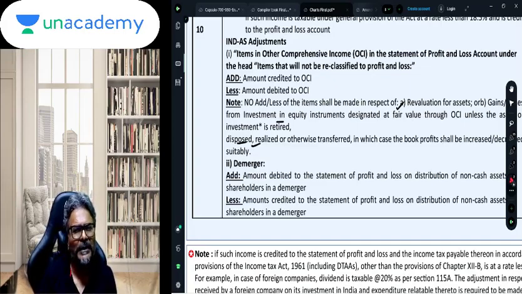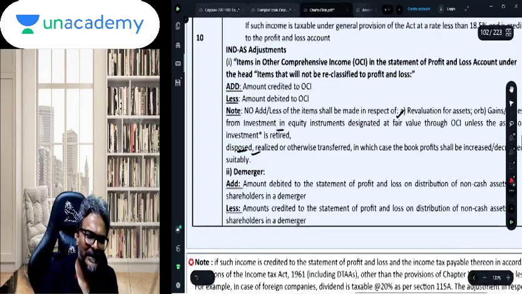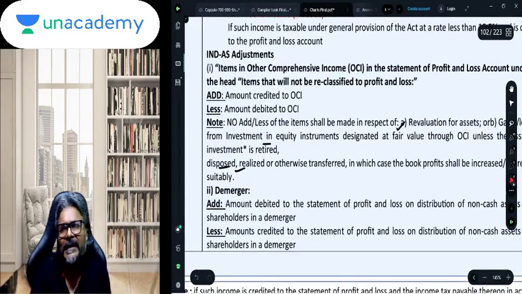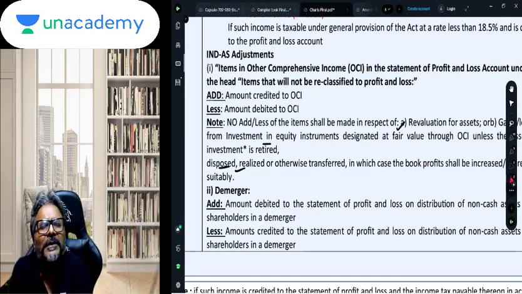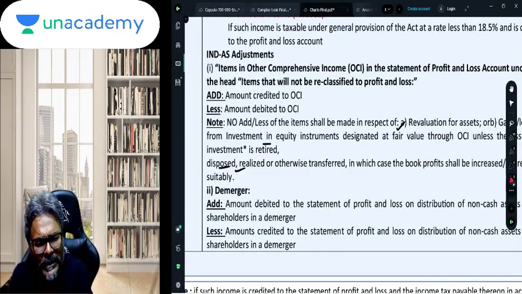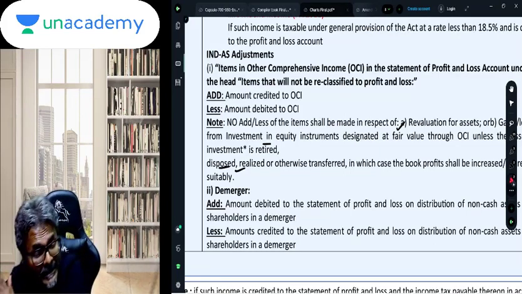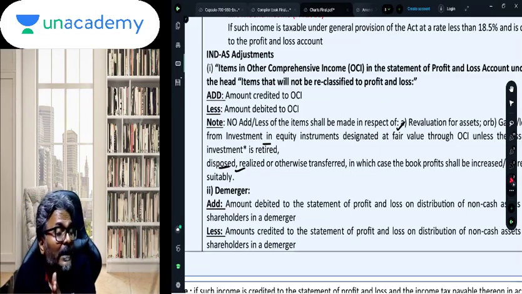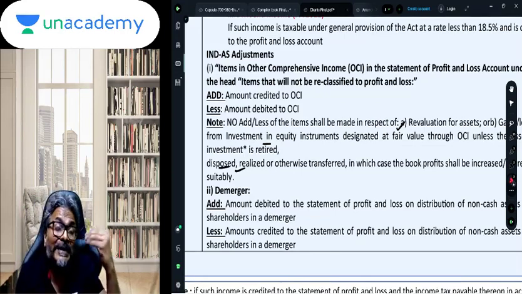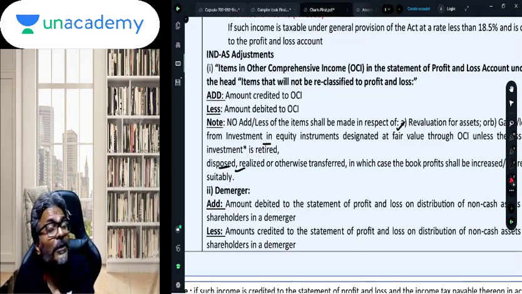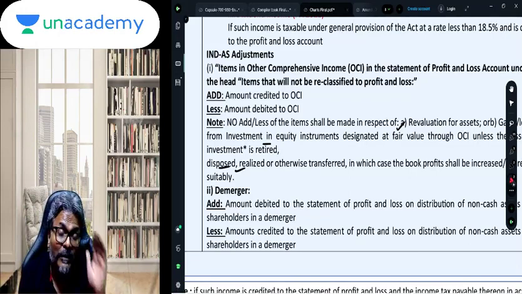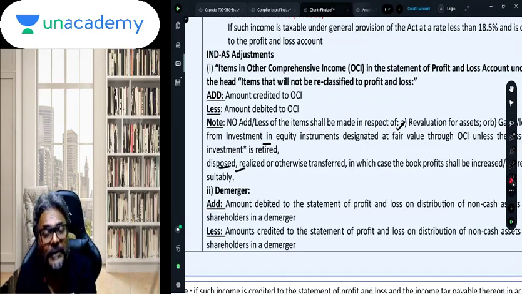So students, what they say here, they start with saying that in the OCI which is not reclassified in the profit and loss account, whatever is the credit of this OCI statement, you have to add those credits in computing the book profit, and whatever are the debits of that statement, you have to reduce it.